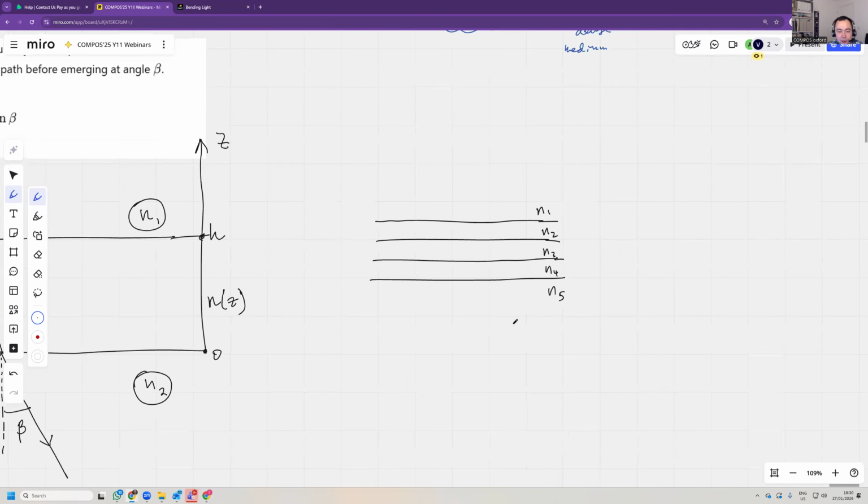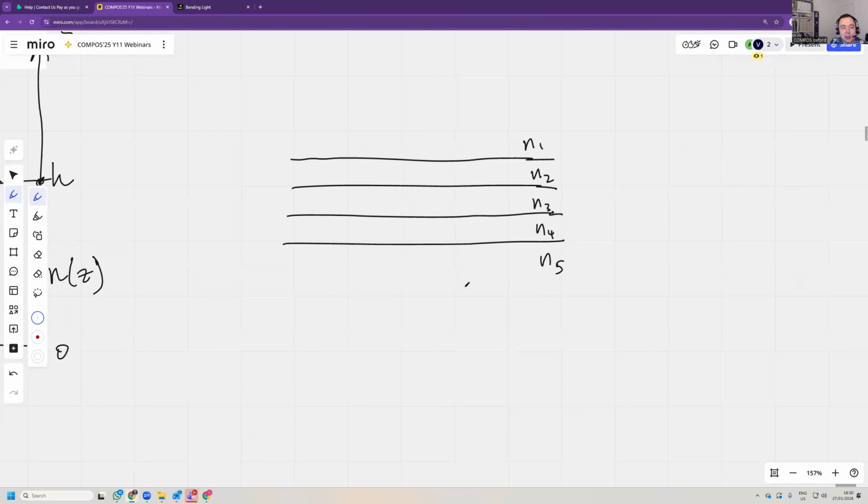So let's say we have 3 layers, but there's also the medium where the light is coming from. So this is theta 1, and then there is theta 2, theta 2 and theta 3, theta 3 and theta 4, and then theta 5, theta 4.